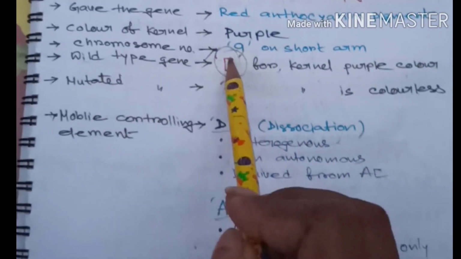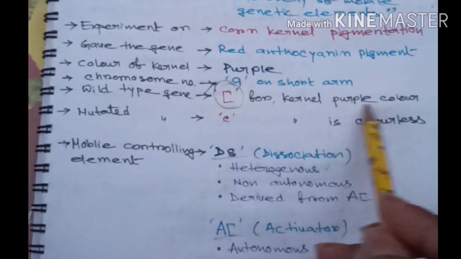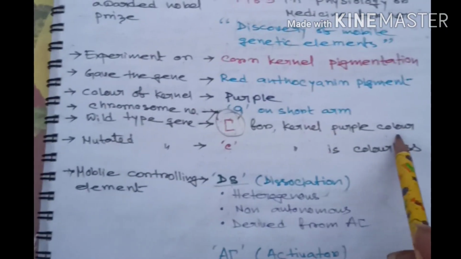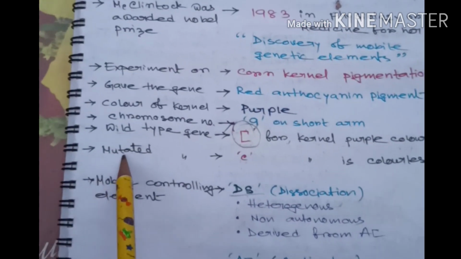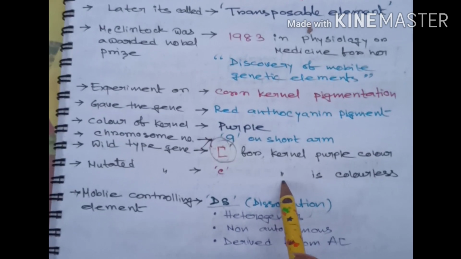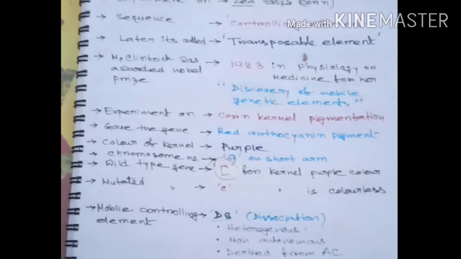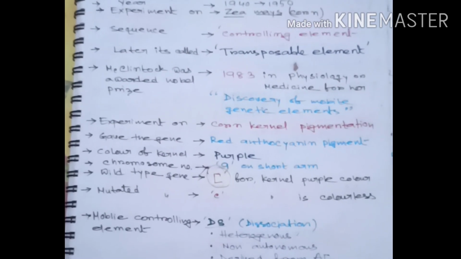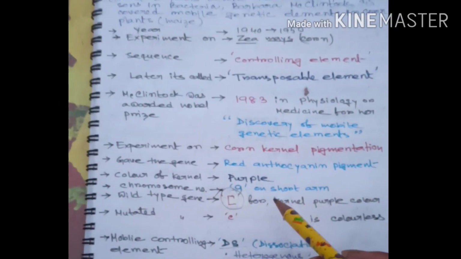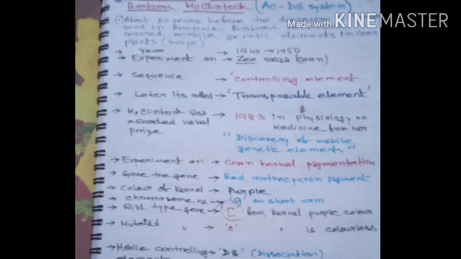She took a gene capital C, which is responsible for purple color of kernel, and a mutated gene small c, which is colorless. All the experiments were done within chromosome 9, in the short arm portion of that chromosome.